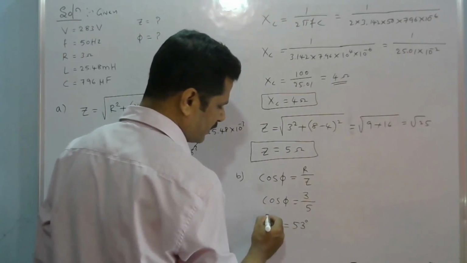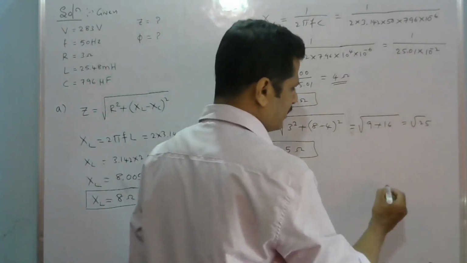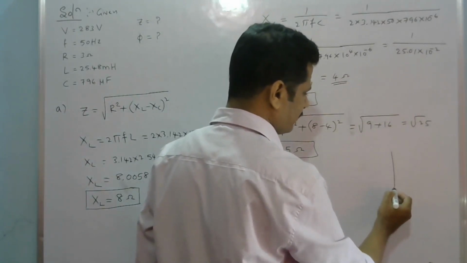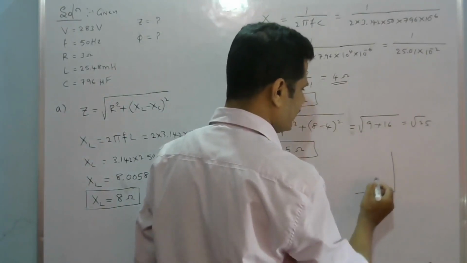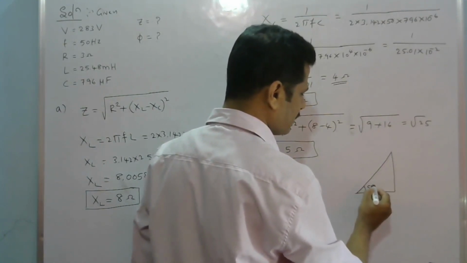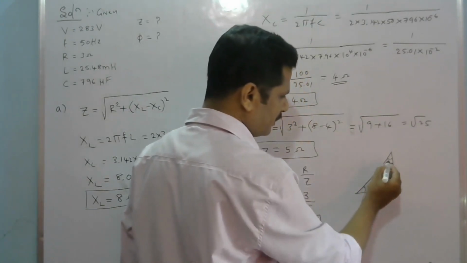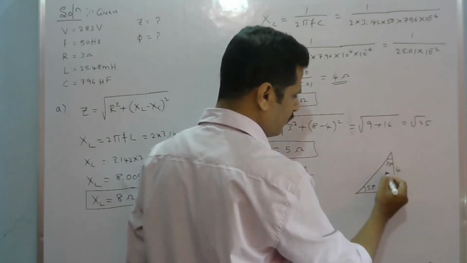We can write this because from the right angle triangle, if I consider the angles to be 53 degree and 37 degree, from the triplets we know the sides are 3, 4 and 5.